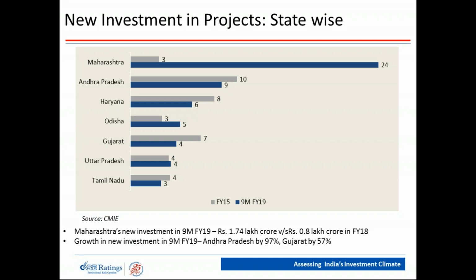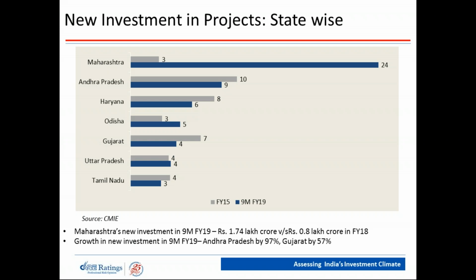In the 9-month period of FY19, the new investment in Maharashtra totaled rupees 1.7 lakh crore, which was more than double from 0.8 lakh crores during the comparable period in FY18. Maharashtra was followed by Andhra Pradesh with 9% share and Haryana with 6% share, both of which saw a dip in the share over the years.